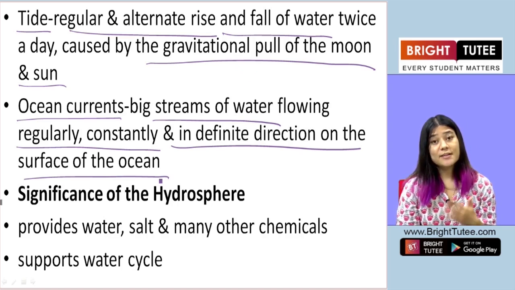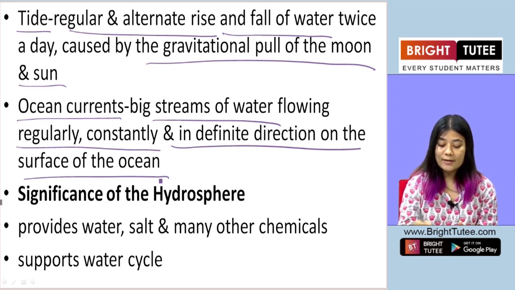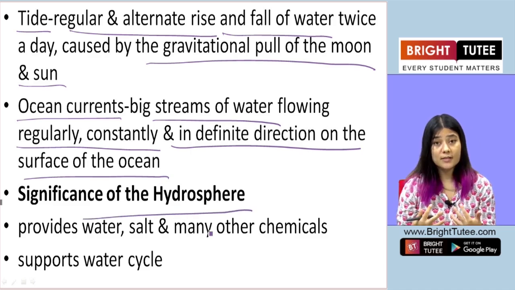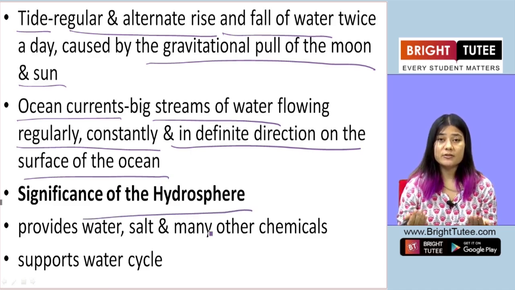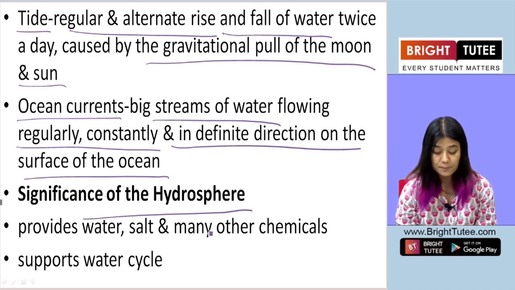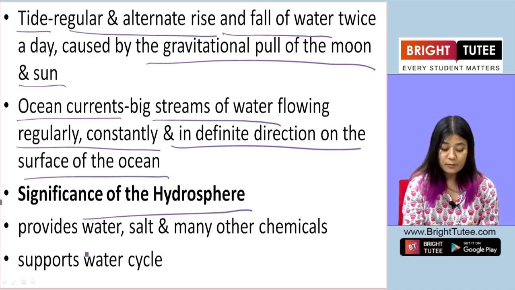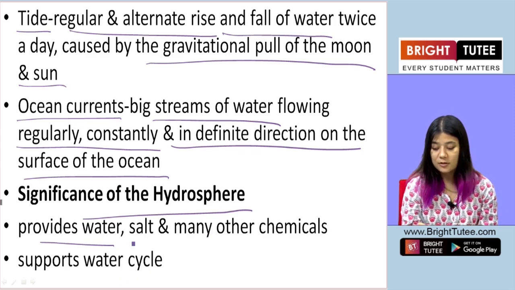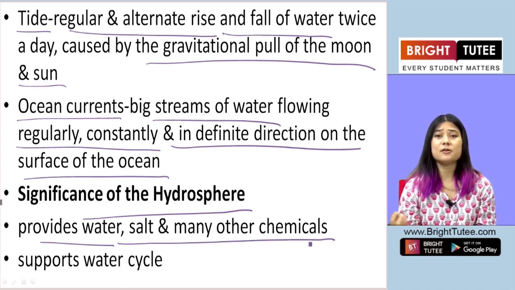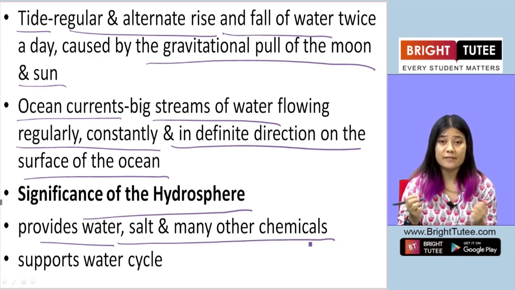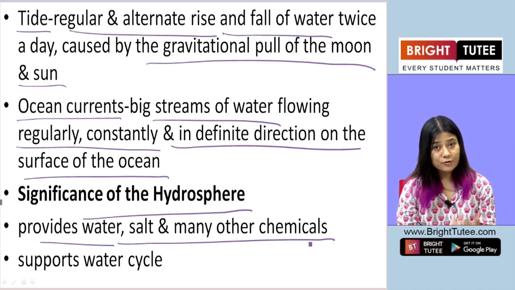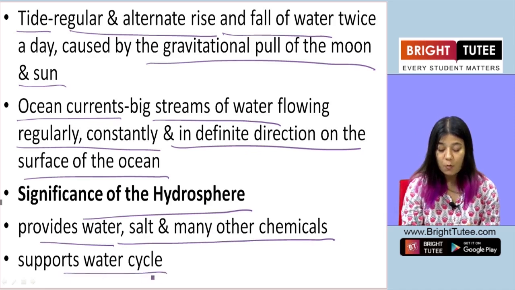Now let's try to understand why the hydrosphere is important for us, or what is the importance or significance of the hydrosphere. We know the hydrosphere provides us with water, salt, and many other chemicals which we use in our daily lives. Now the hydrosphere also supports the water cycle.